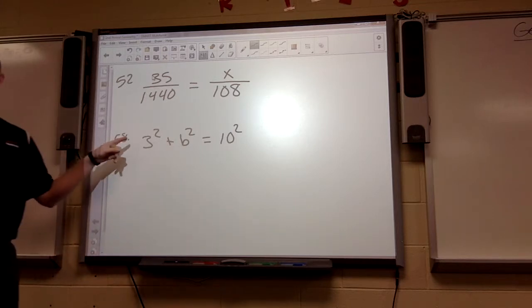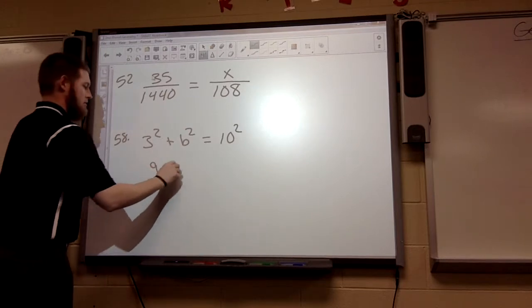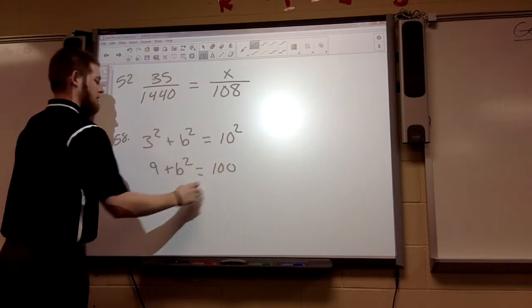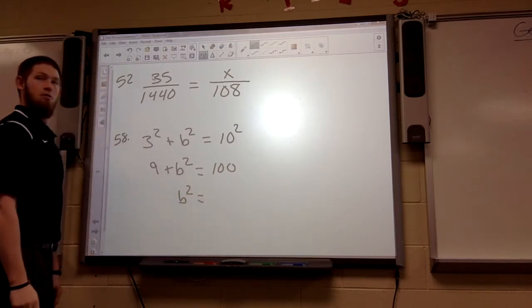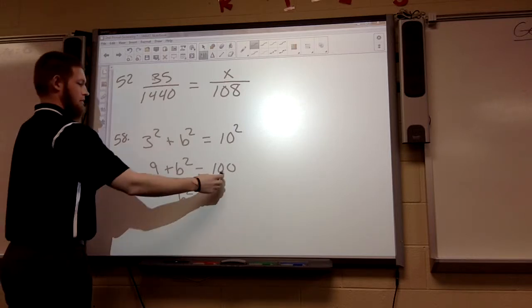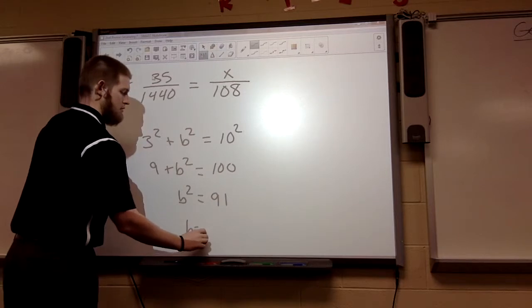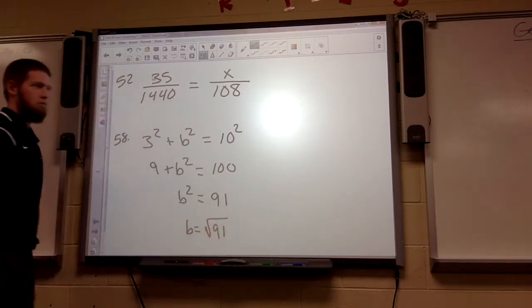Okay, how do you solve this then? 3 squared is 9 plus b squared equals 100. B squared equals 91. So b equals square root of 91.